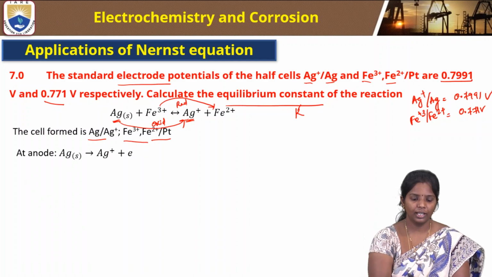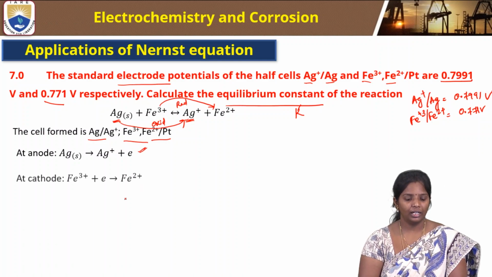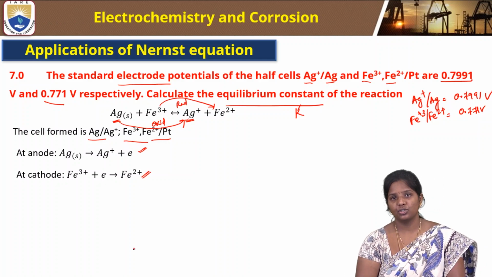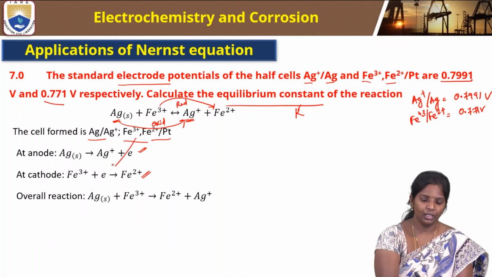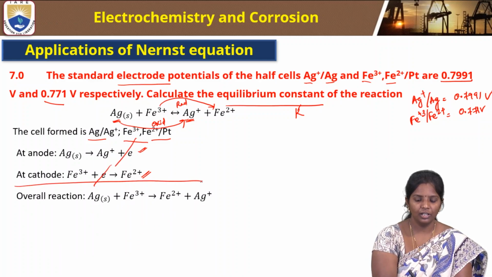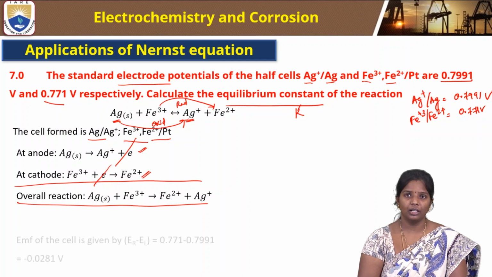At the anode, Ag goes to Ag plus with electrons involved, and at the cathode, Fe3 plus goes to Fe2 plus in the solution. So the overall reaction is Ag plus Fe3 plus giving Fe2 plus and Ag plus.